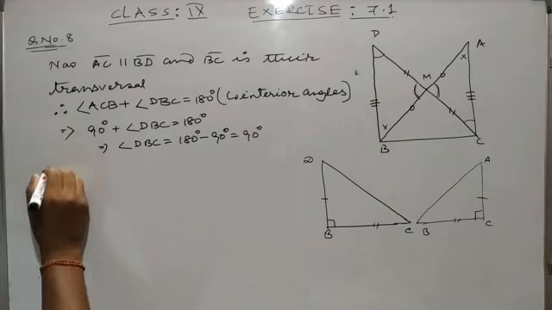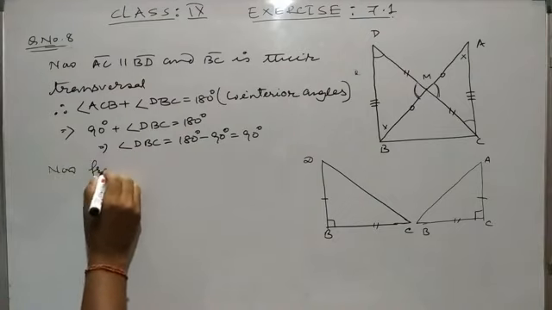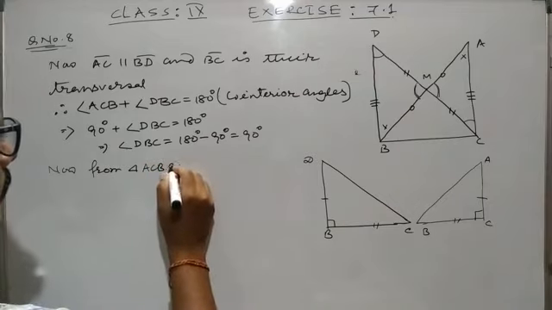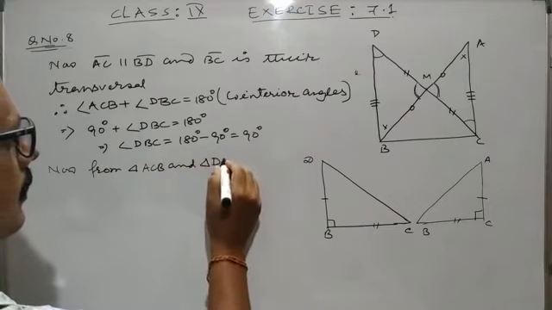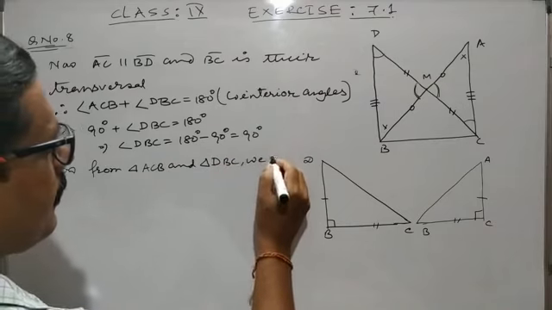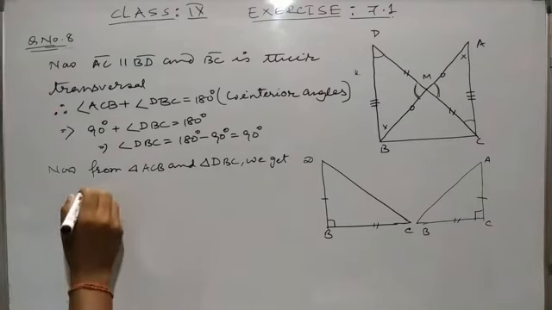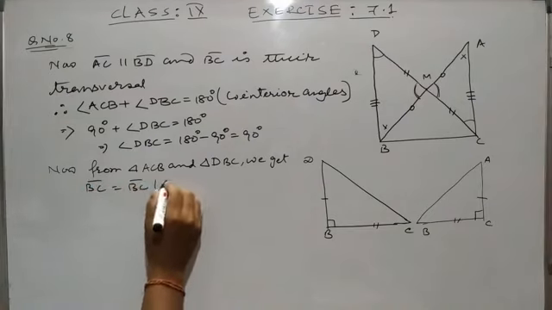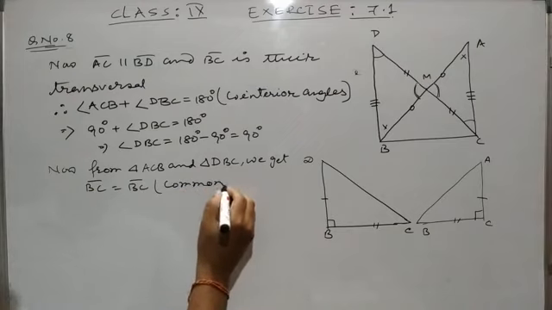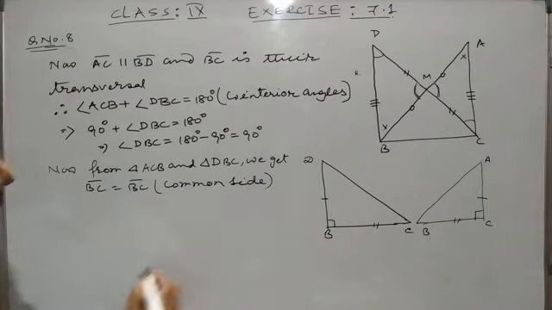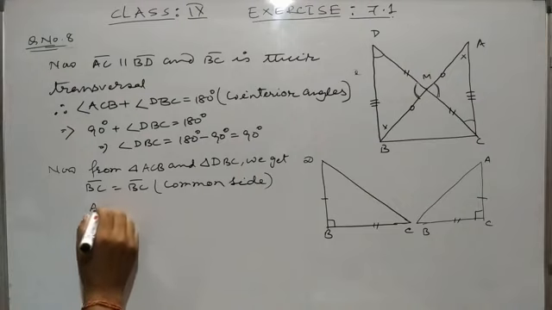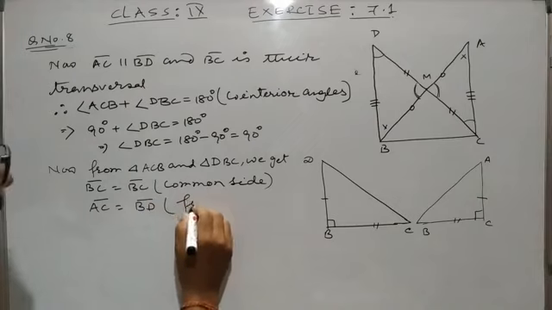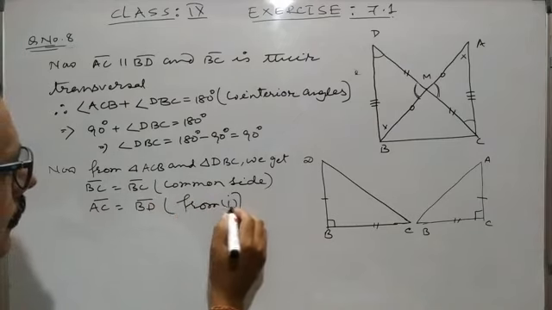So say now from triangle ACB and triangle DBC we get BC equal to BC, common side. AC equal to BD from 1.